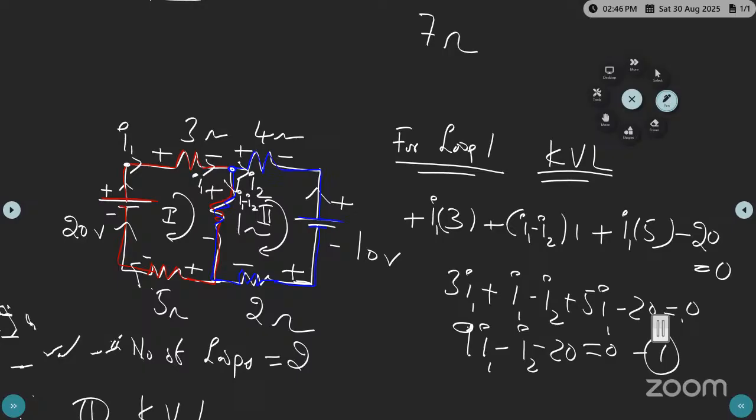So equation 1, this one. Equation 2 is 7I2 minus I1 plus 10 is equal to 0. I will write again here for the second loop.